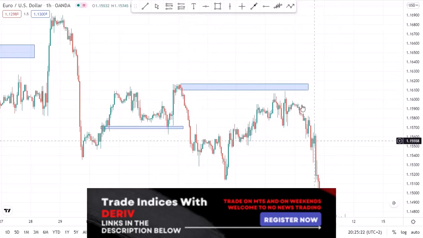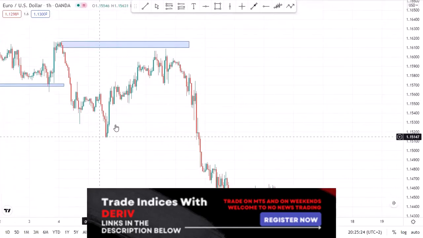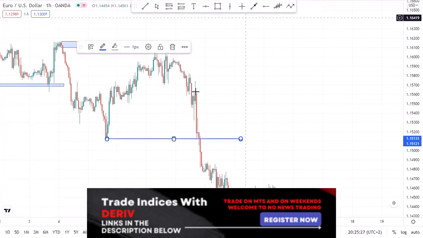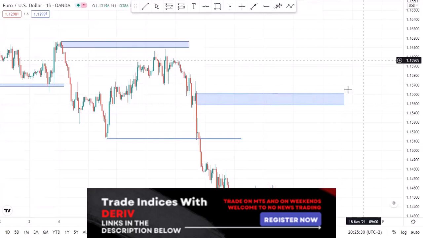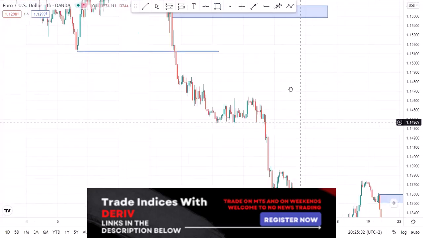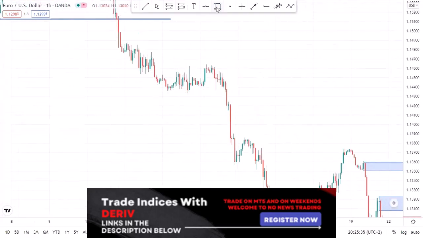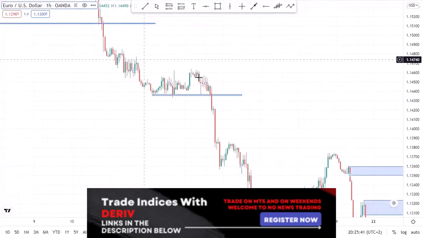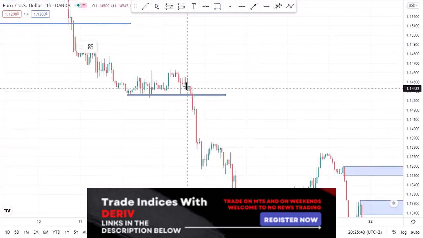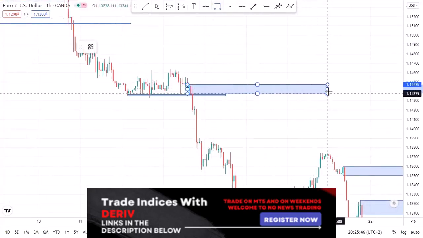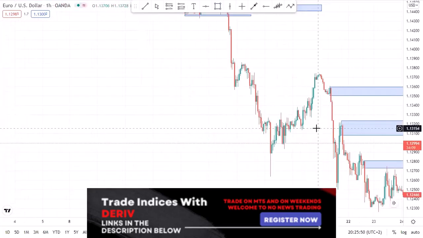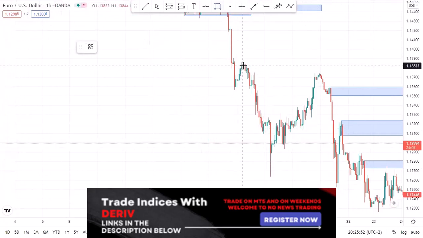Break. You understand? So these are order blocks. This was not a break of structure. This is a break of resistance, of support. You want to wait here. Understand? Do you get me? Yes, you do. Thank you.